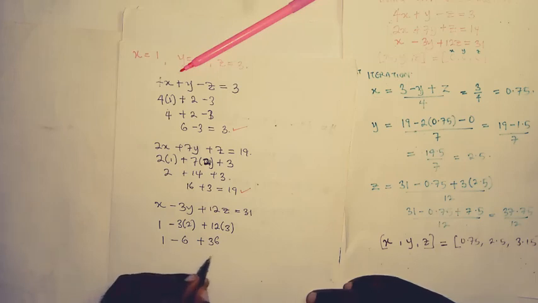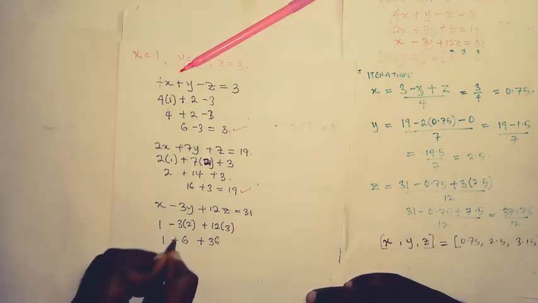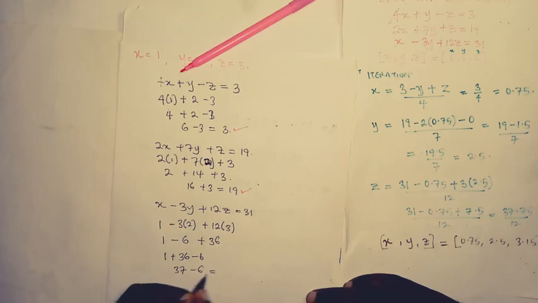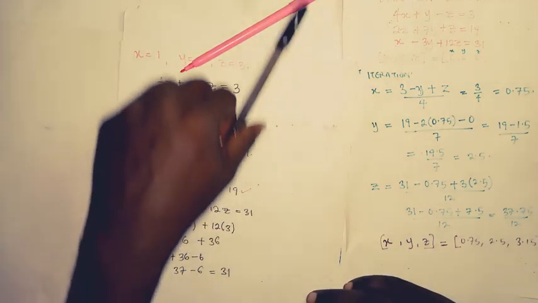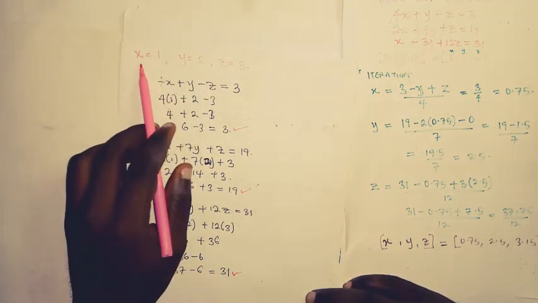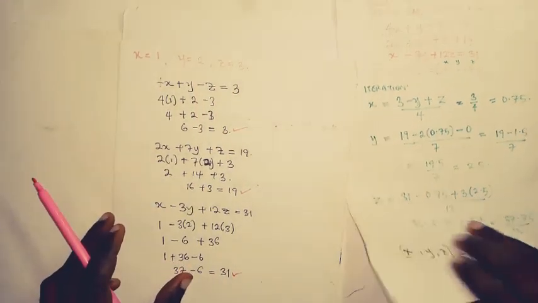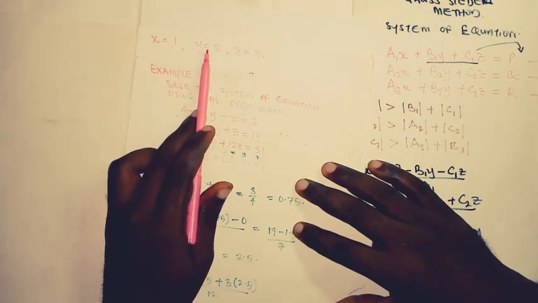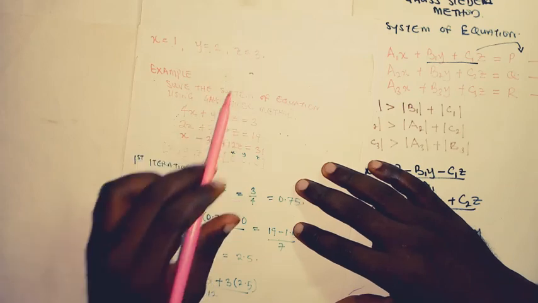For the sake of simplicity, I may like to turn this around to see 1, take this here, I'll do this minus here, plus 36 minus 6. So this is 37 minus 6, which is equal to 31. And my third equation also pans out. So my solution to this system of equations is actually true and correct, that x is 1, y is 2, and z is 3.